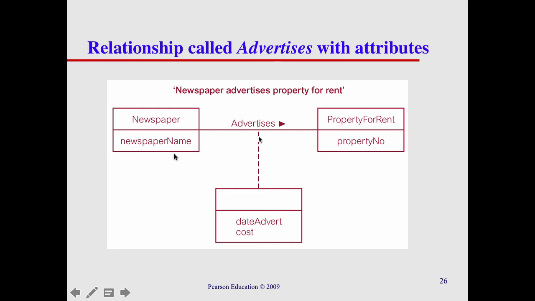So in this case, we say that a newspaper advertises property for rent, and it has the date of the advertisement and its cost as attributes. If I had the booking relationship, I would have date to and date from, and you would see a dotted line coming into the diamond in that case, because in that case, booking is a diamond.